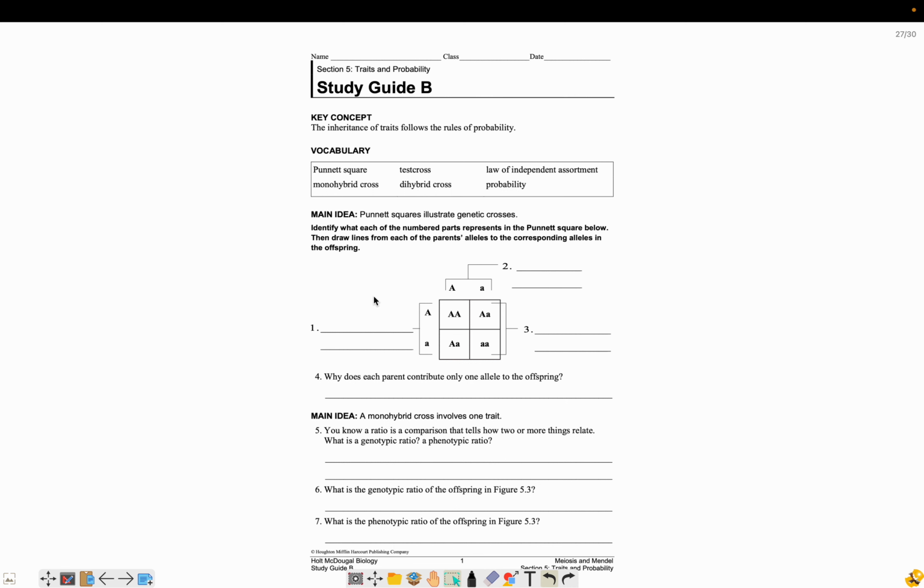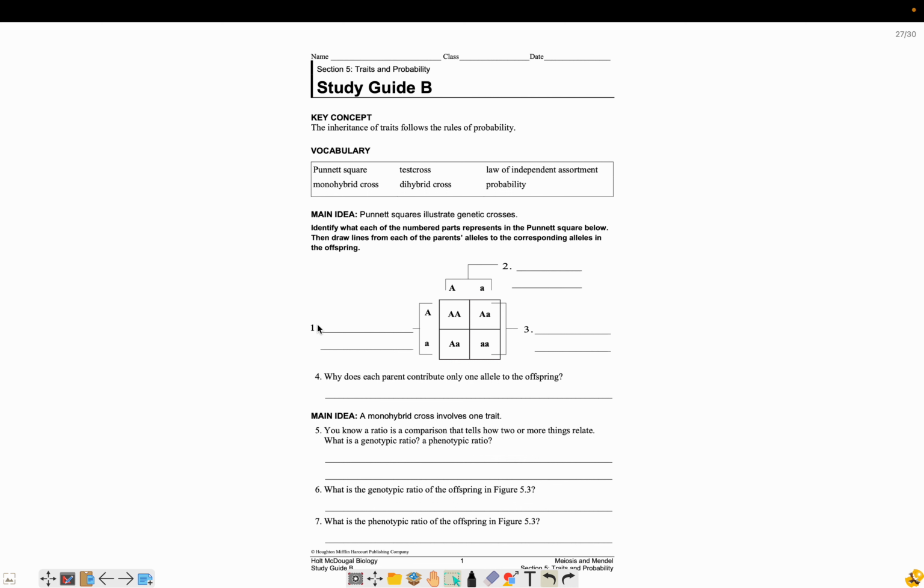All right, so with this first one, this one is gonna represent one parent's alleles. Remember, an allele is a different form of a gene. Also, whenever you have these two letters, you should think of the word genotype.